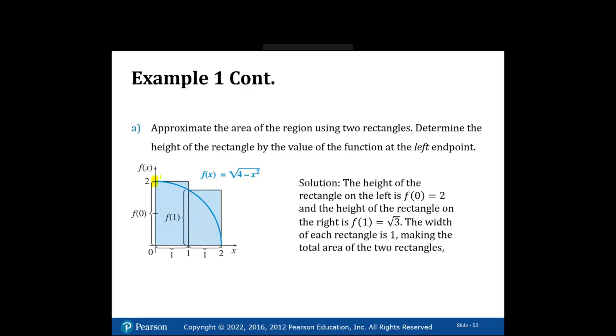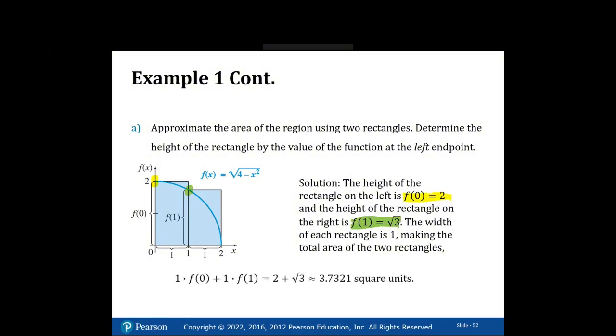So the first left endpoint is right there, which is f of 0 equal to 2. And then I'm going to take the left endpoint of the next rectangle right here, and that's f of 1. Because I'm doing 2 rectangles, they have to be the same width, otherwise it kind of messes things up. So each one has length 1.